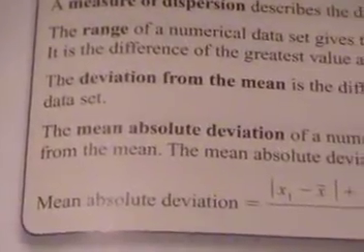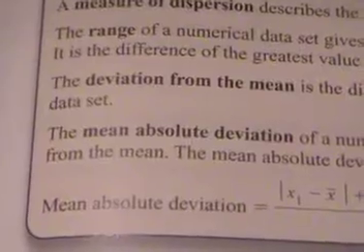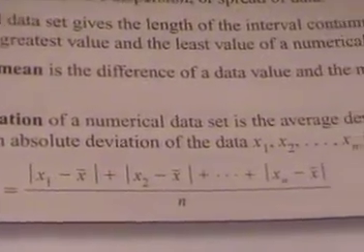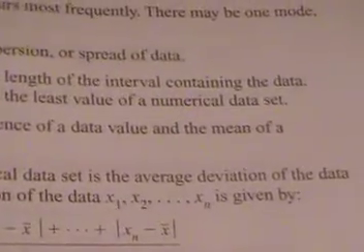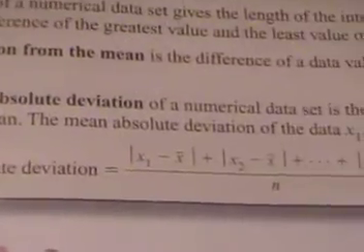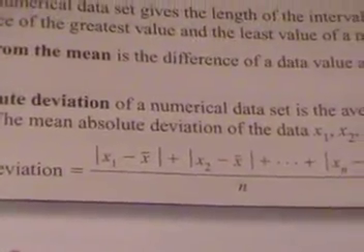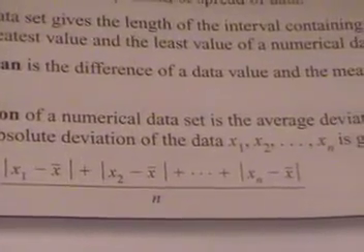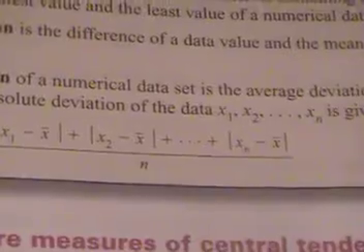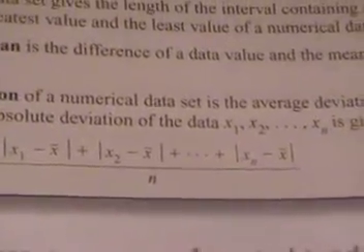It is the average distance of the data values from the mean. So that means the absolute value of x1 minus x bar, plus x2 minus x bar, plus x3 minus x bar, then divided by the number of values.